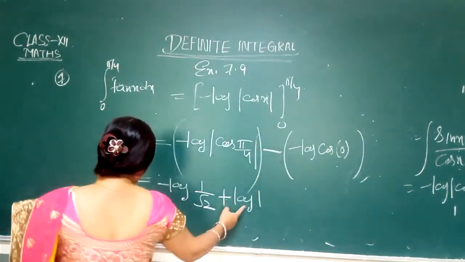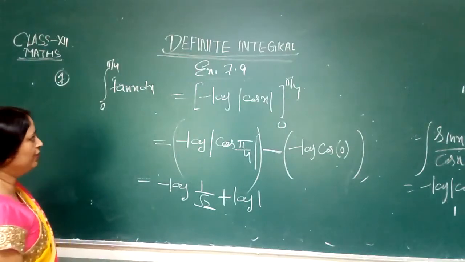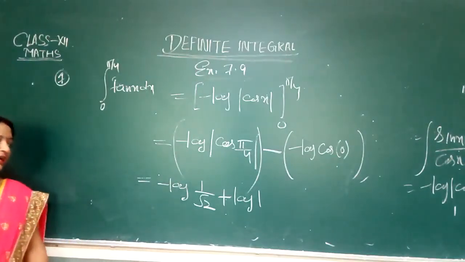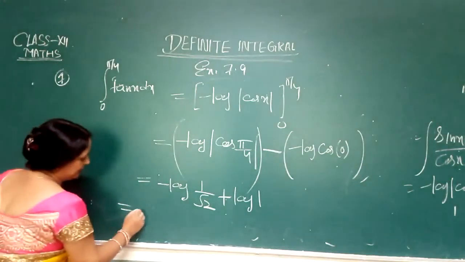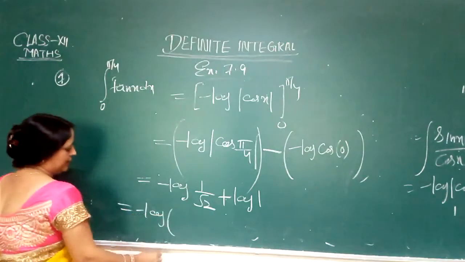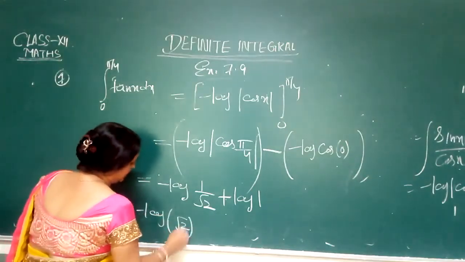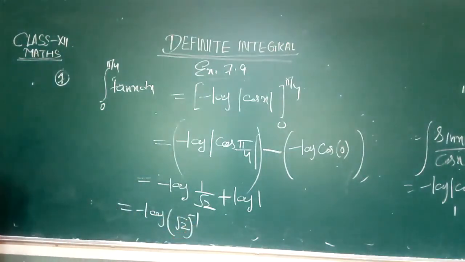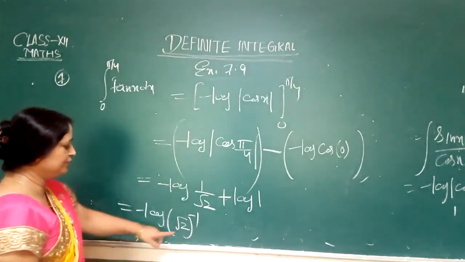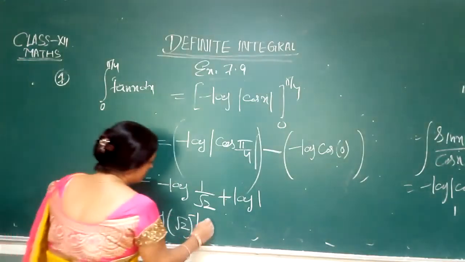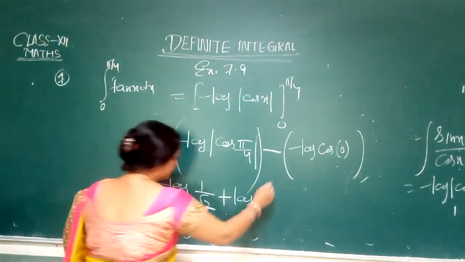After that we can apply the limit here, log m minus log n. So it will come here log m. After that we can write this term as minus of log root 2 raised to power minus 1, because 1 by root 2 we can write in the form of root 2 raised to power minus 1, plus log 1.